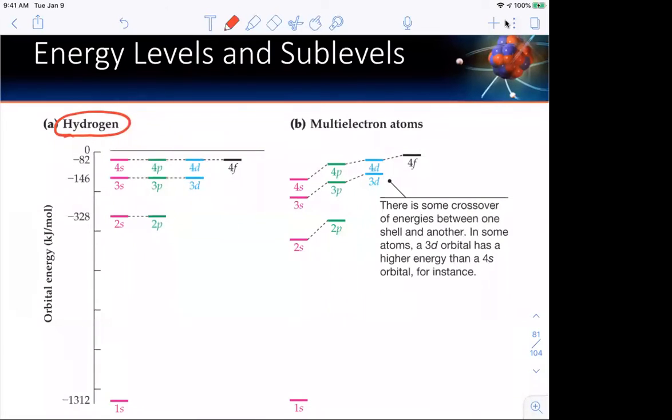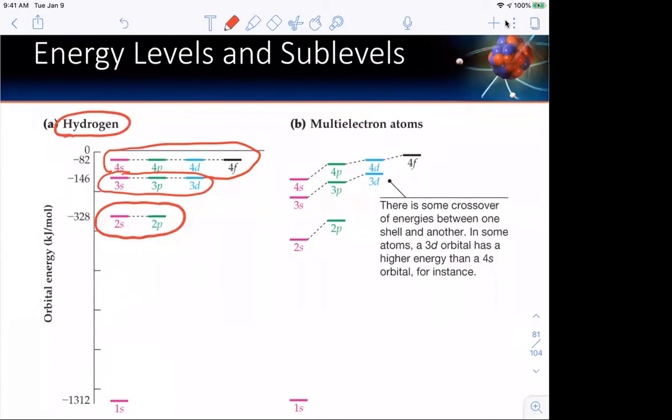And what we know in hydrogen is that in the second level, the s subshell and the p subshell are equal energy. In the third energy level, all of the subshells are of equal energy. And that's the same thing in the fourth.